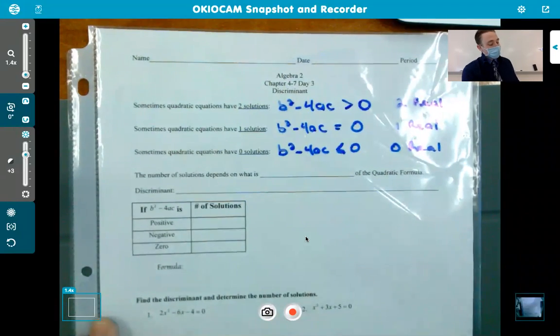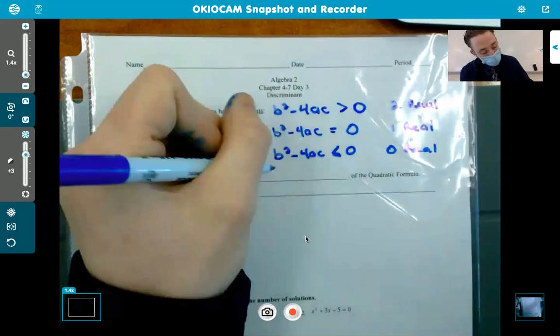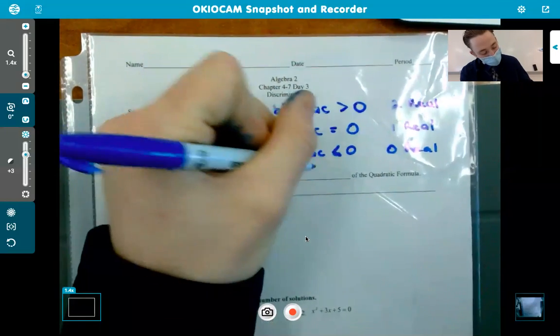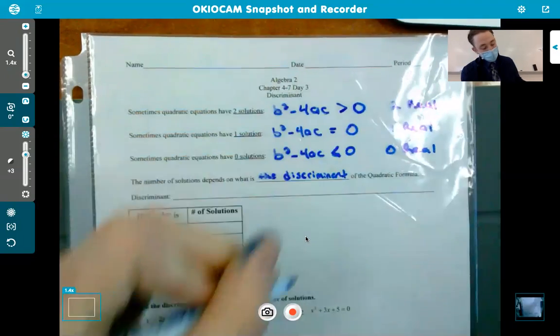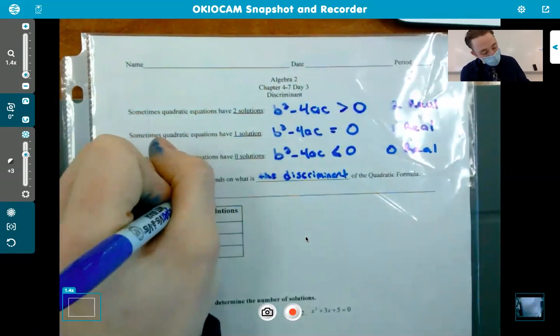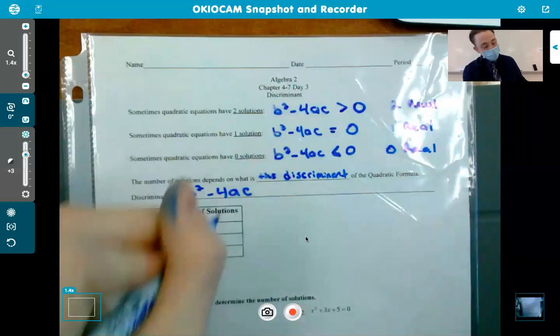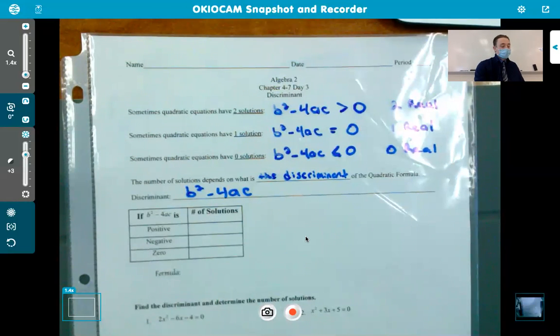And as we've already kind of noted verbally, the number of solutions depends on what is called the discriminant. So that's what we're learning about of the quadratic formula. And the discriminant is just b squared minus 4ac. It's whatever the value is from that equation. Okay.